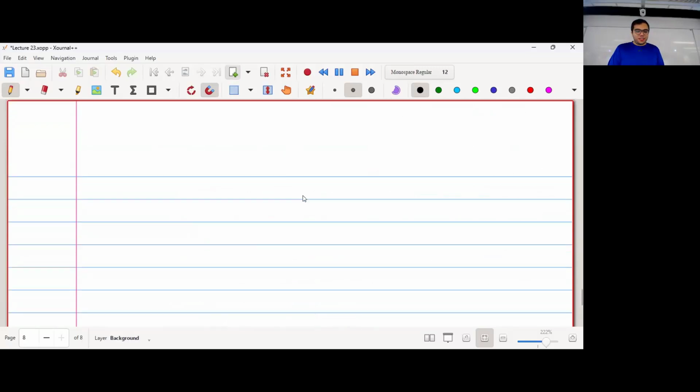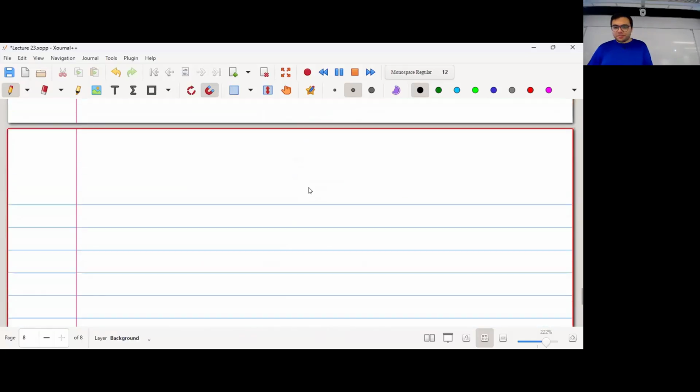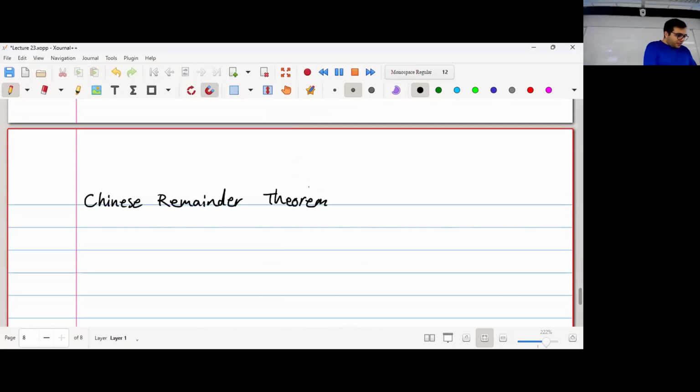But what I want to do here is I want to extend this and I want to get to the Chinese remainder theorem. So this is the Chinese remainder theorem. I want to say that, actually, let me just copy this. I want to say that instead of 2, suppose that I have R different equalities like this.